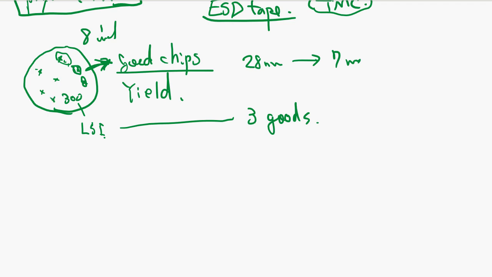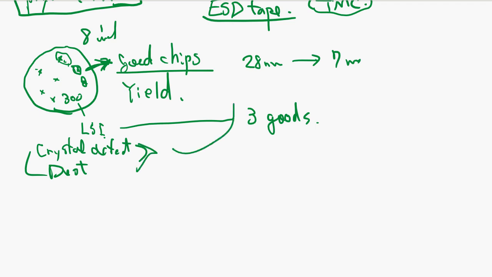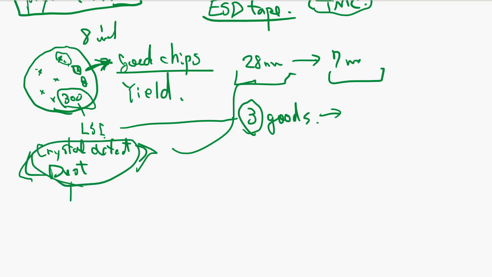Those crystal defects and dust are pretty much handled in both cases, right? So it's still 300 yield dropped to only 3 good chips. This is going to be a very expensive chip. It's not commercially viable.